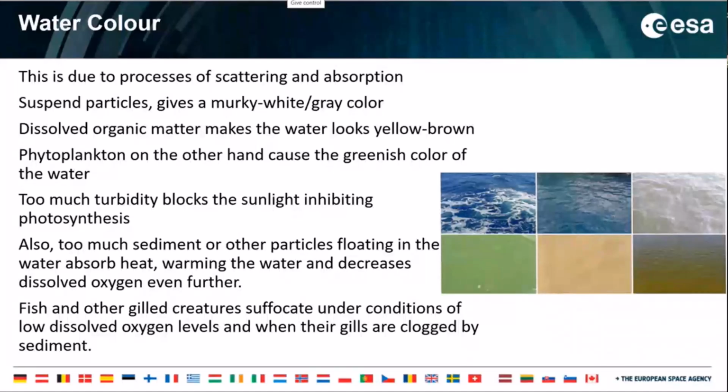So this kind of process, how light gets into the water and interacts with those suspended and dissolved organic matter, is actually the main concept and a main processing concept that we use to detect water constituents from the satellites.